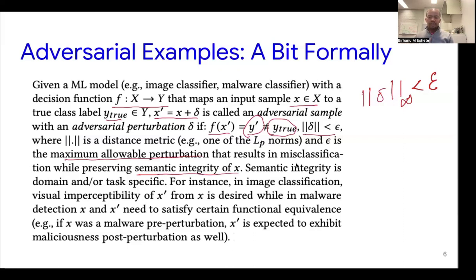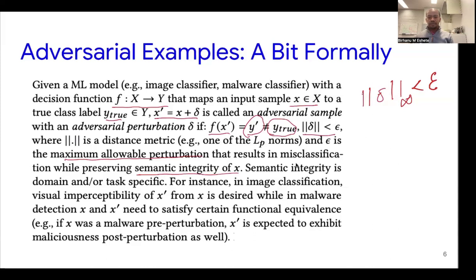So if in the process of perturbing the sample you end up messing it up, for example, if you perturb a binary, let's say a Windows binary or an Android APK, then the resulting adversarial variant of that piece of software that is expected to be malicious should maintain that behavior.